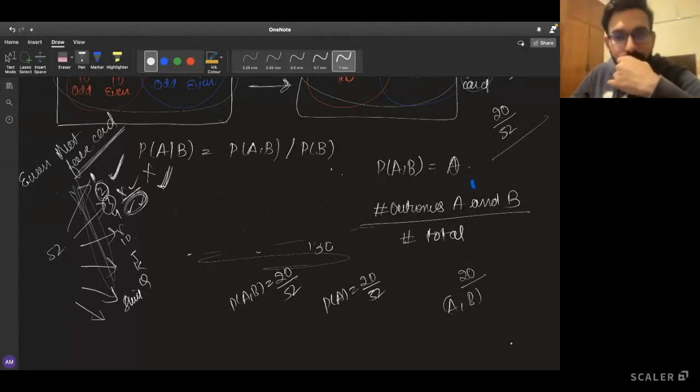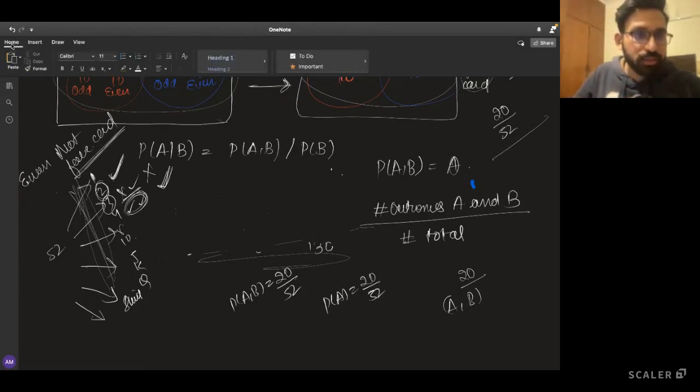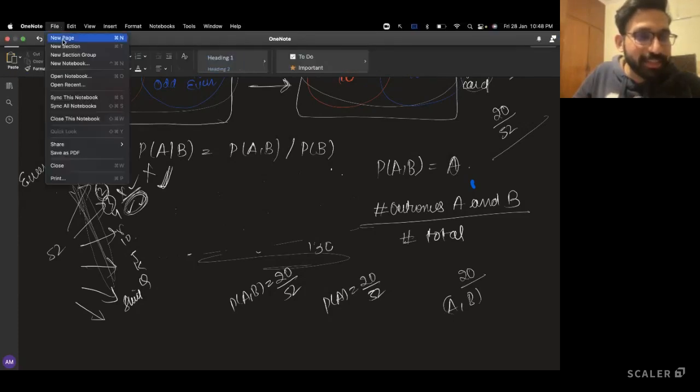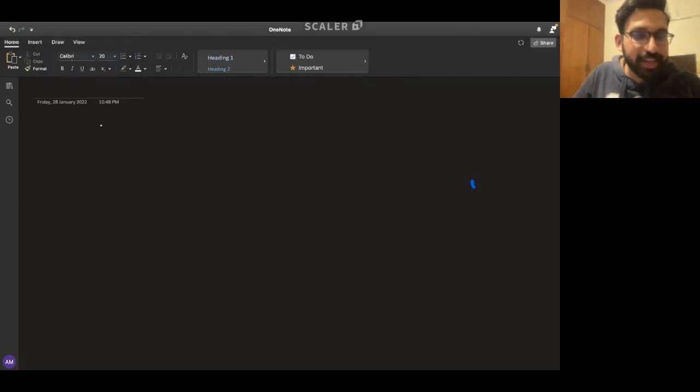When I open a new page, I create a text box. Let me create a new page. In the left side, there's a notebook section. Just click somewhere. Are you using OneNote on a Mac or an iPad?